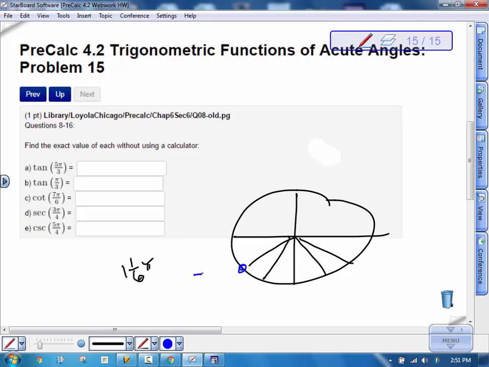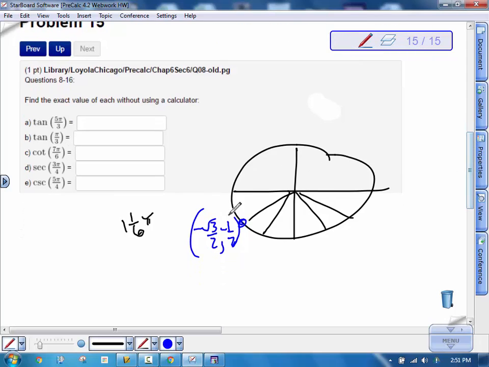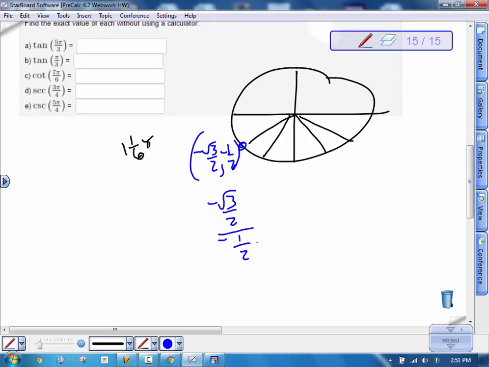We know that's negative square root of 3 over 2 comma negative 1/2. So the cotangent of that would be cosine over sine, so it's negative square root of 3 over 2 divided by negative 1/2, which is the same as multiplying by 2, negative 2, and double negatives cancel, and you get square root of 3.